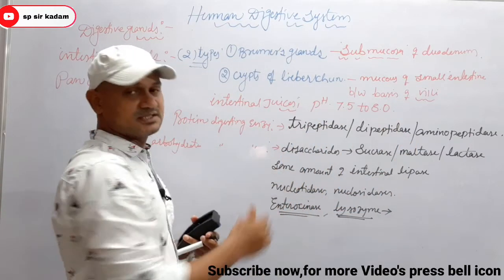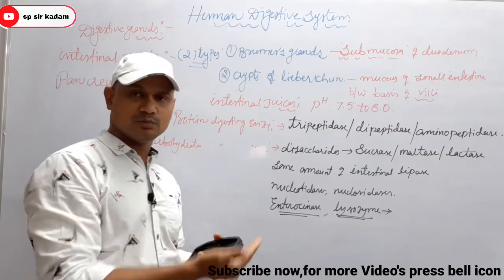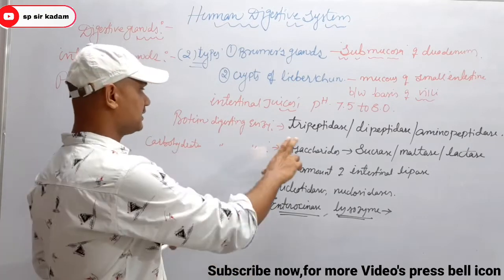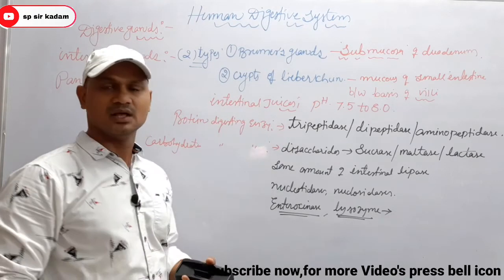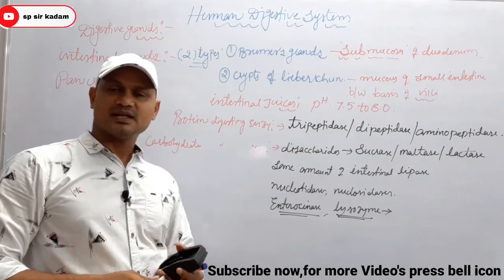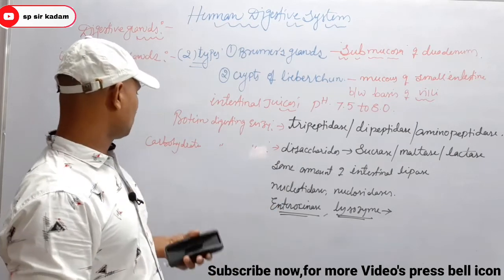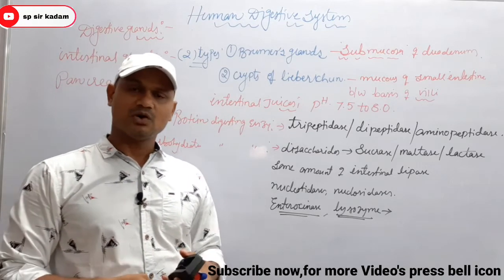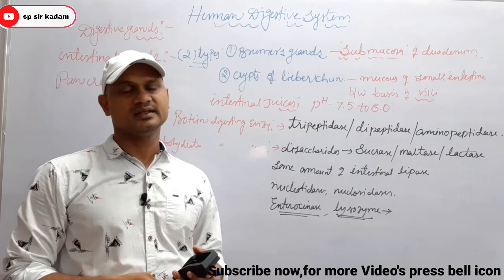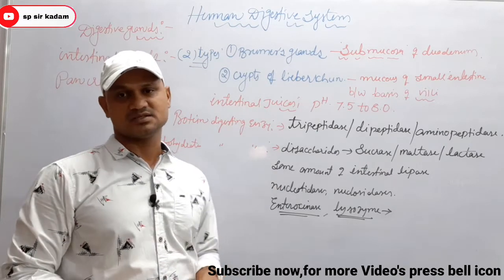So these are the different types of enzymes present in our intestinal juice that react with our food material, like protein digesting enzymes: peptidases, tripeptidase, dipeptidase and aminopeptidase. Then carbohydrate digesting enzymes are sucrase, maltase, lactase. So these are the disaccharidases. Then some amount of intestinal lipase also.